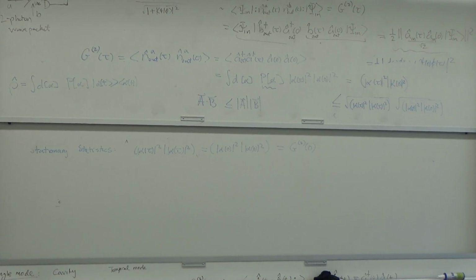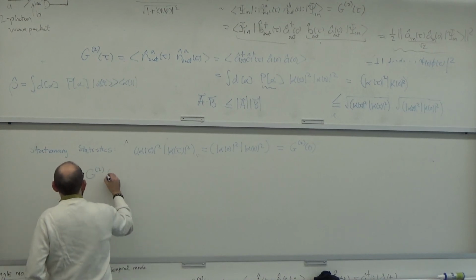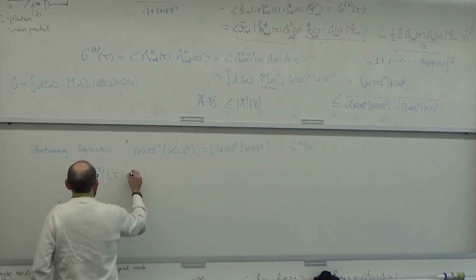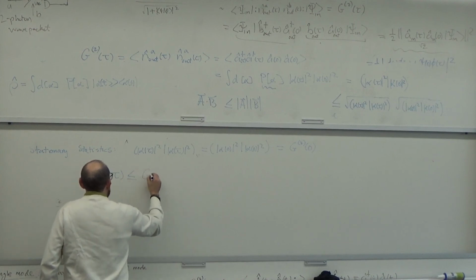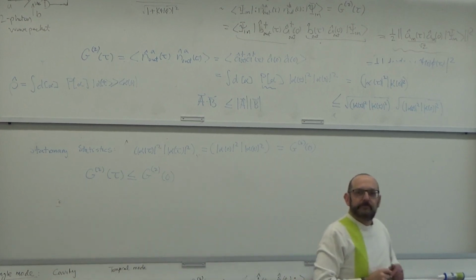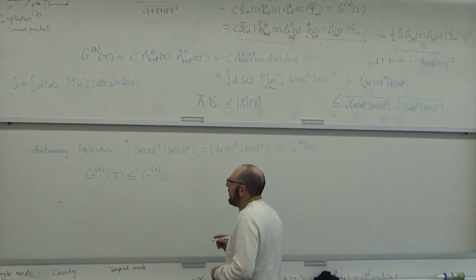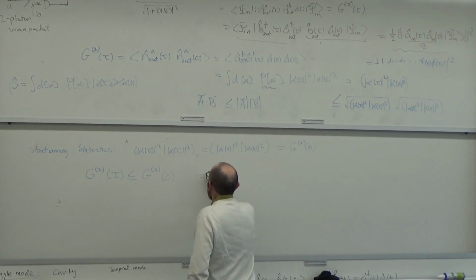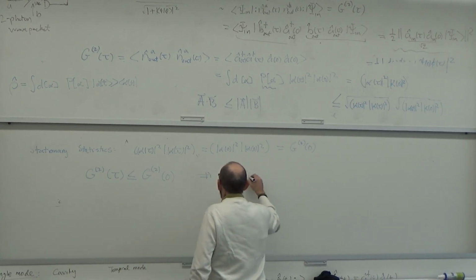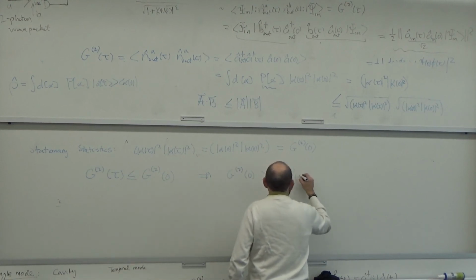And so we conclude with the following conclusion. For this classical light with stationary statistics, G2 at tau is less than or equal to G2 at 0. Or said another way, G2 at 0 is always bigger than or equal to G2 at tau.